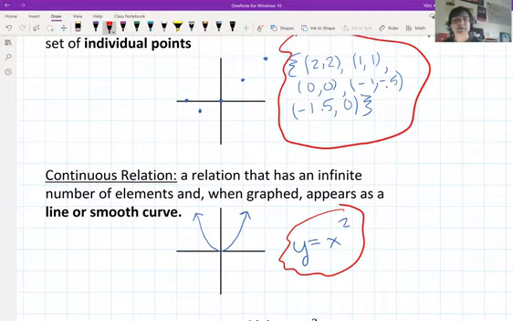And we can plug any x in and get any other y. And that's why it has an infinite number of points, because there's really no limit to what we can plug in there. So a continuous relation, does it have individual points? Yes. Here's one individual point, and here's another one, and here's another one. But there are an infinite number in between those points I just drew, and all these points are connected. So that's what makes a continuous relation, if they're connected.